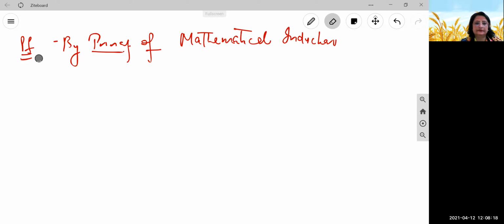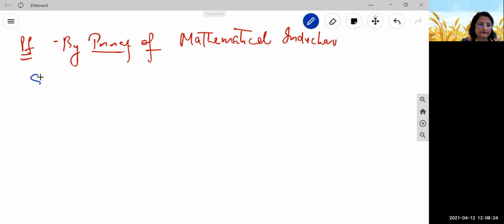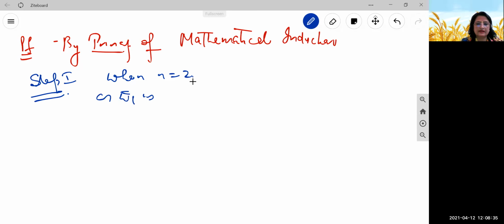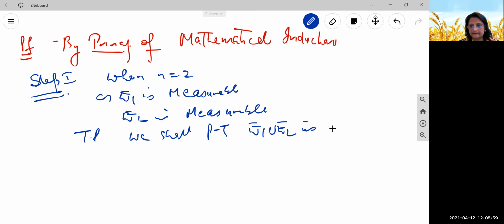Step number 1. When n is equal to 2, as E1 is measurable, because we are talking about union, union is not made from one, for union we need two sets. E1 is measurable, E2 is measurable. Then we shall prove that E1 union E2 is measurable.